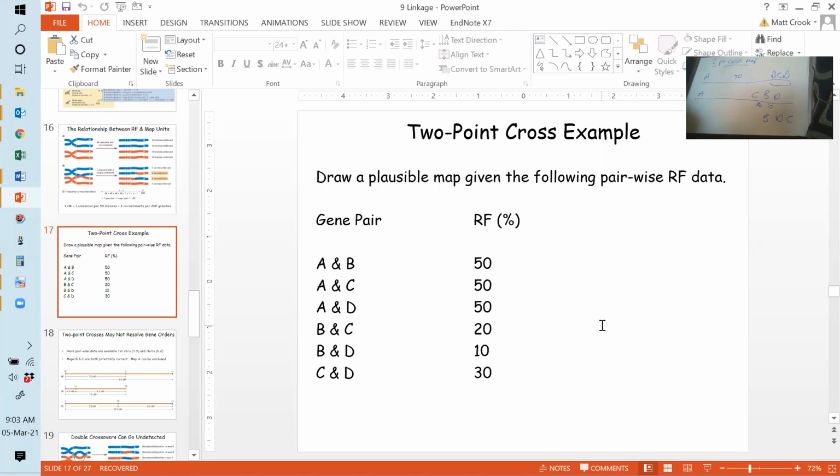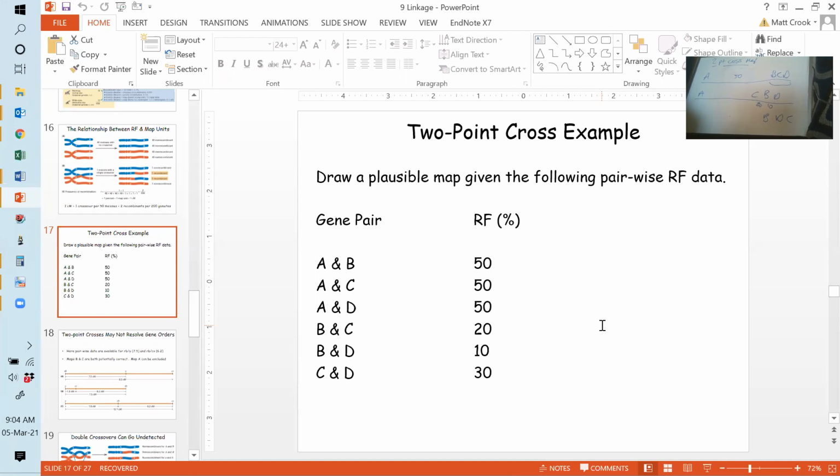What's the next piece of information that you need to use? So if B and C are 20 and B and D are 10, C and D are 30, right?